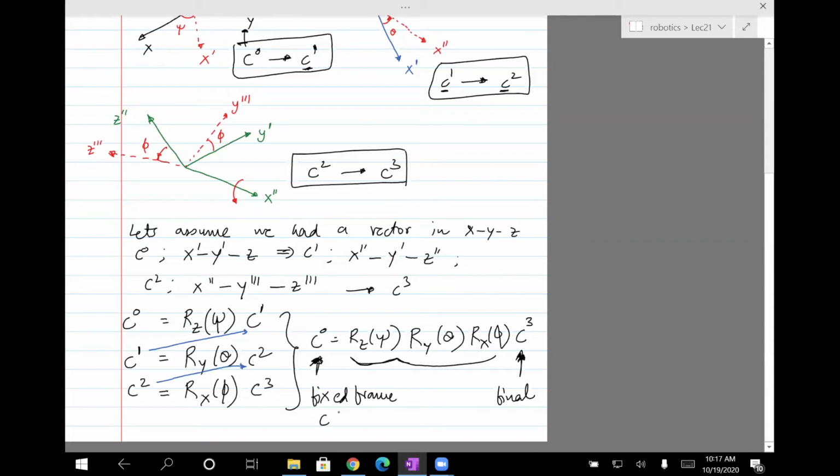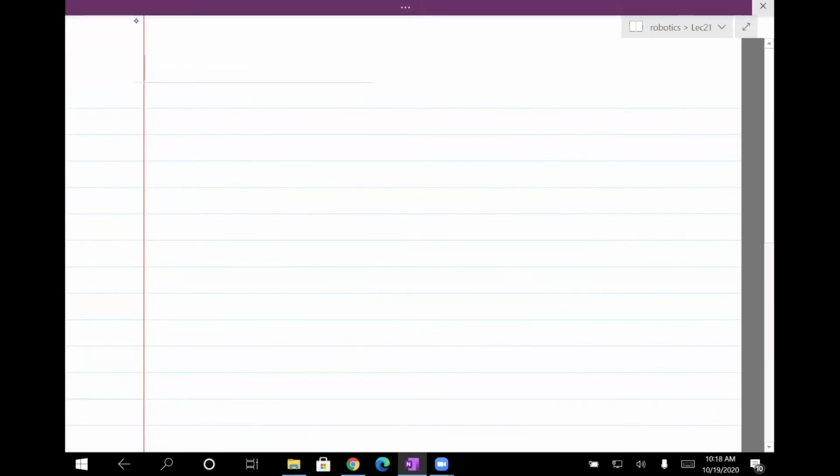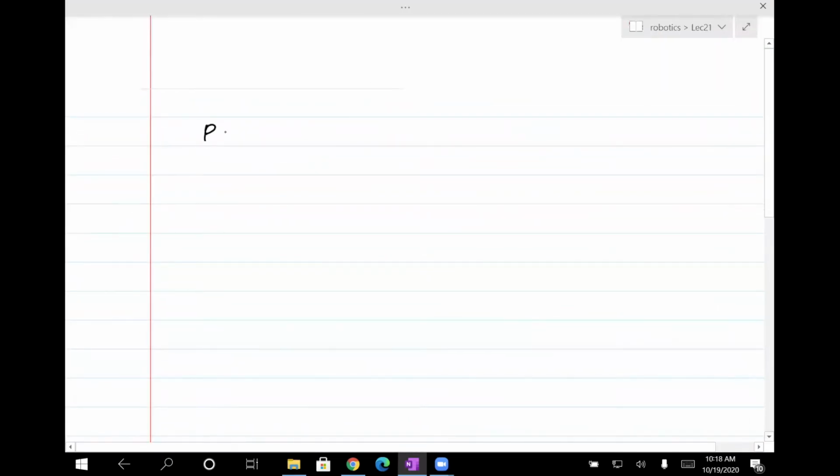So in other words, I could write C equals R times C3, and R is the rotation matrix I'm trying to seek, which tells me how the object could be oriented from the final configuration C3 to its configuration in the fixed frame, the frame which does not move. So that R is now Rz psi Ry theta Rx phi. And I've written down expressions for these three rotation matrices.